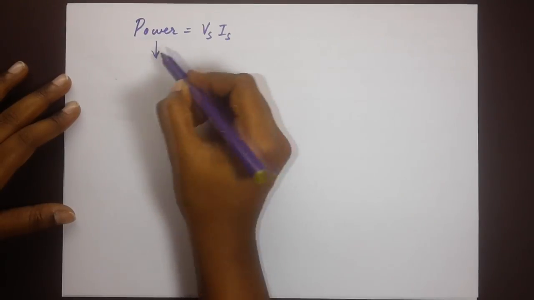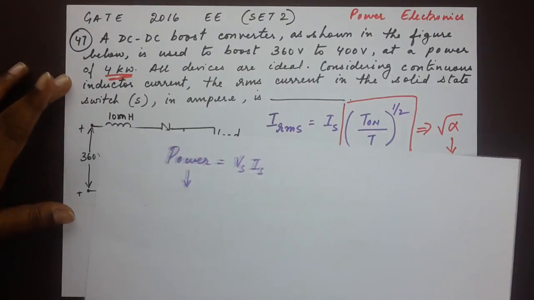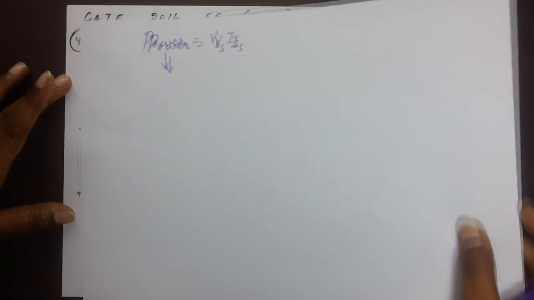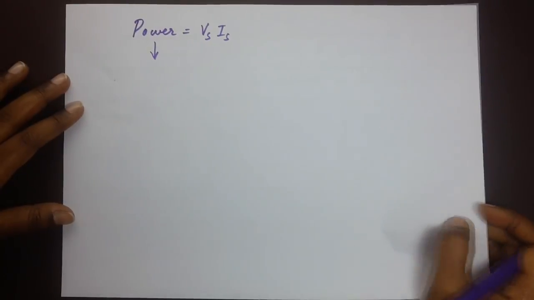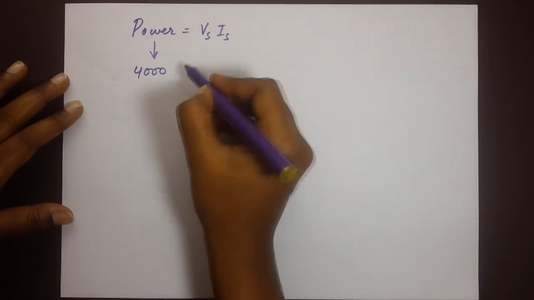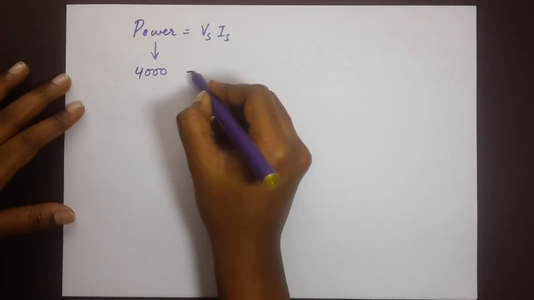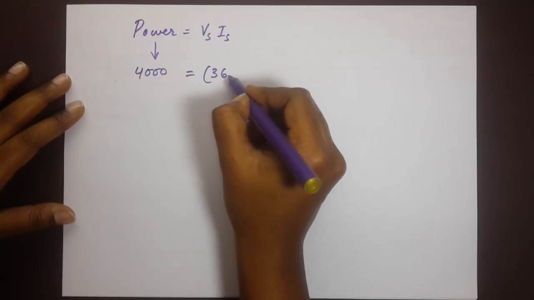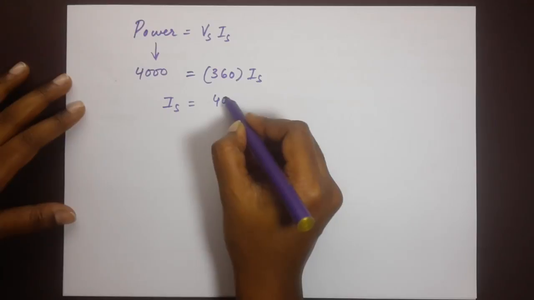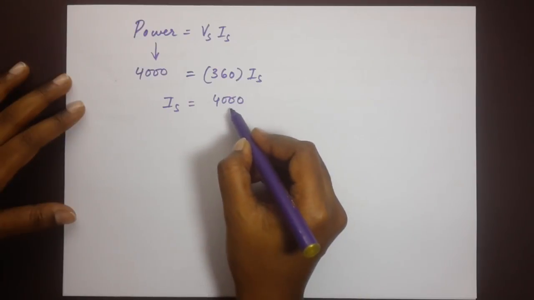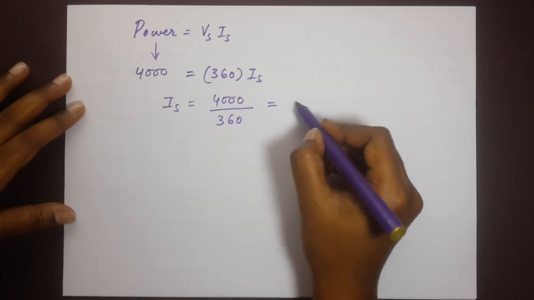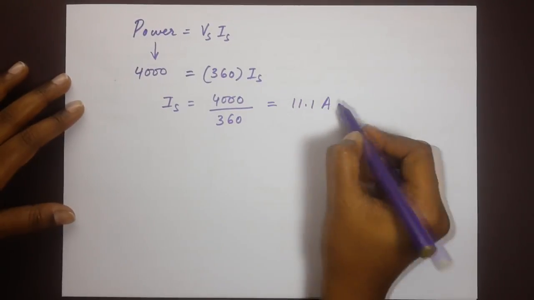It is given that the power is 4 kilowatt, that is 4000. So, 4000 is equal to 360 into Is. So, Is is equal to 4000 divided by 360, which gives us 11.1 amp.